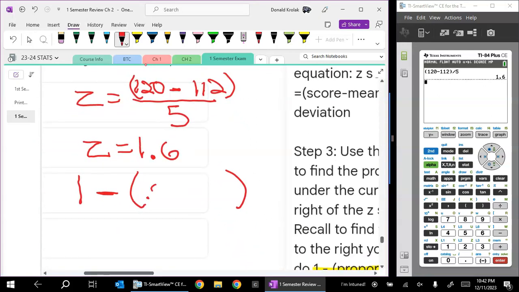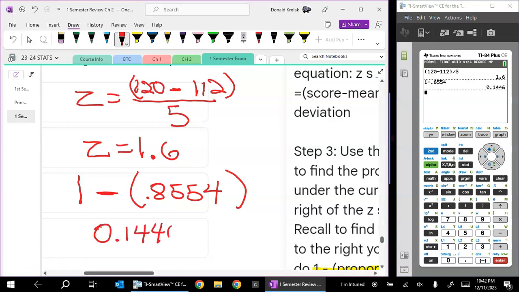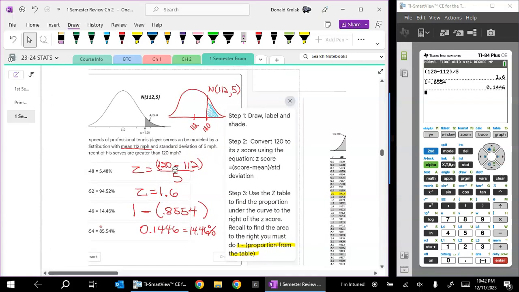Okay, 0.8554, and then I'm going to subtract that from 1, and you can see I get 0.1446, which is about 14.46%. That's the shaded area right here.